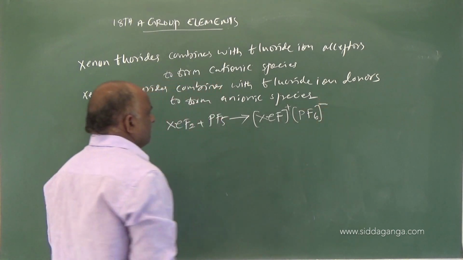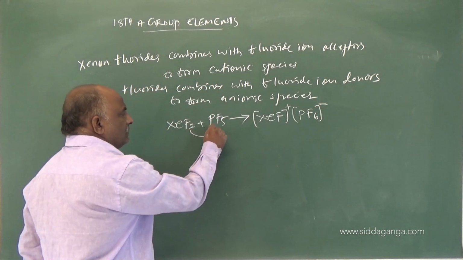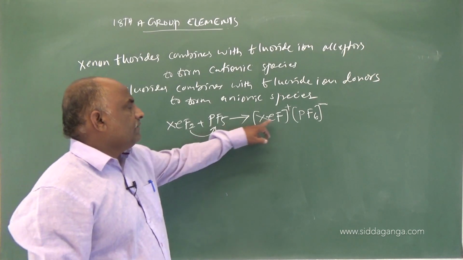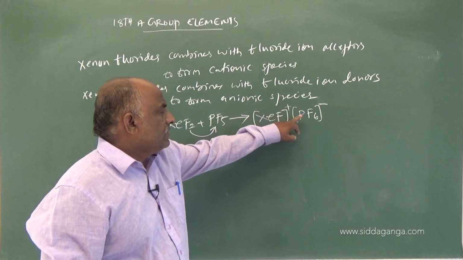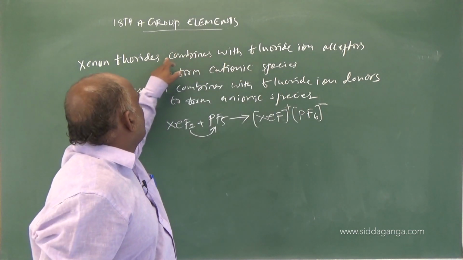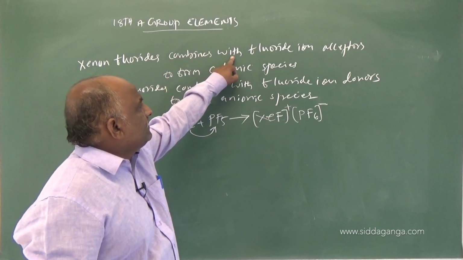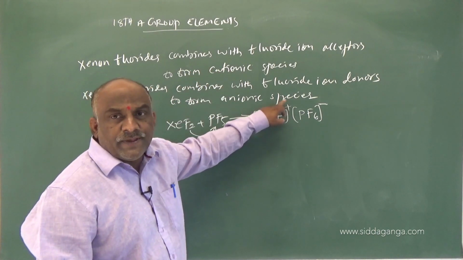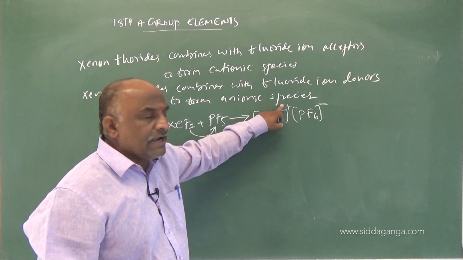See this, transfer one fluoride. So XeF plus PF6 minus, the cationic species.